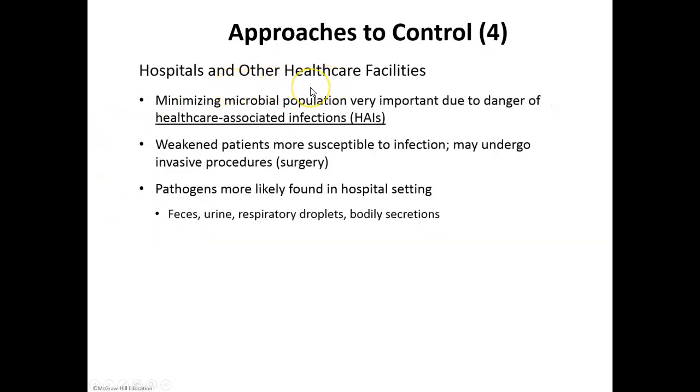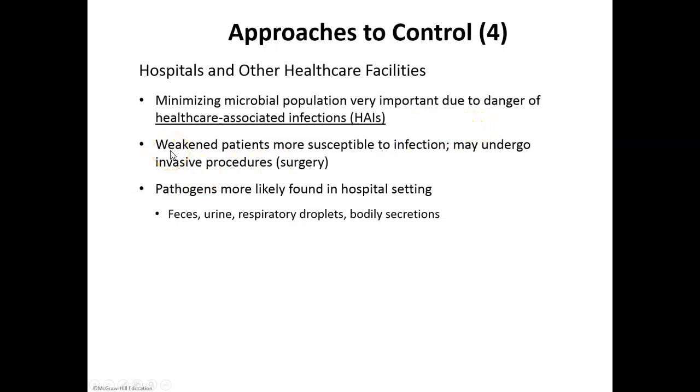But in hospitals, we have to worry about other things. We're worrying about microbial growth, but in this case, they could cause healthcare associated infections. Another word for healthcare associated infections is nosocomial infections. You may have heard that before.